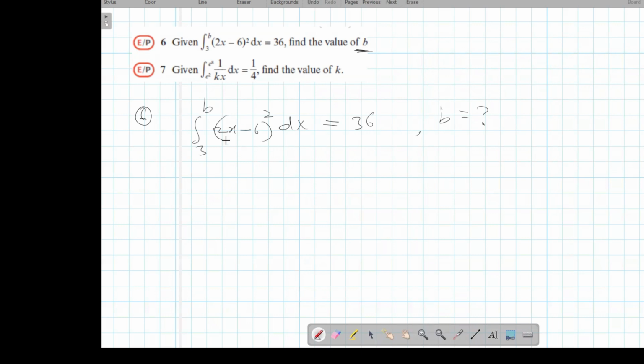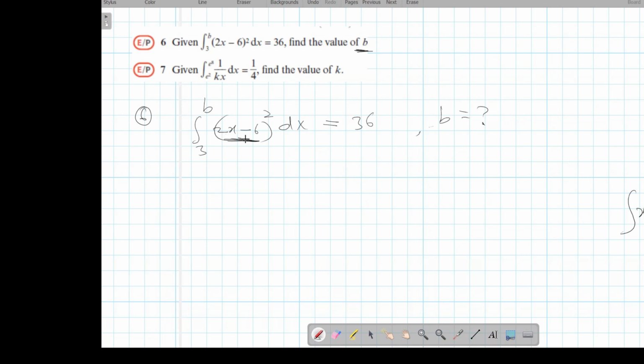In order to integrate this function, we know that we can simply integrate x squared. What is the antiderivative of x squared? We just saw in the previous exercise, by using the power rule, it is x cubed divided by 3.